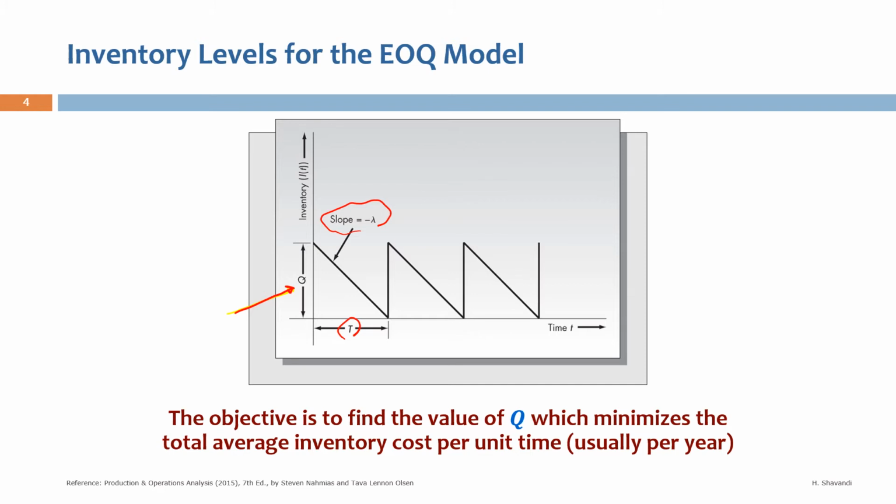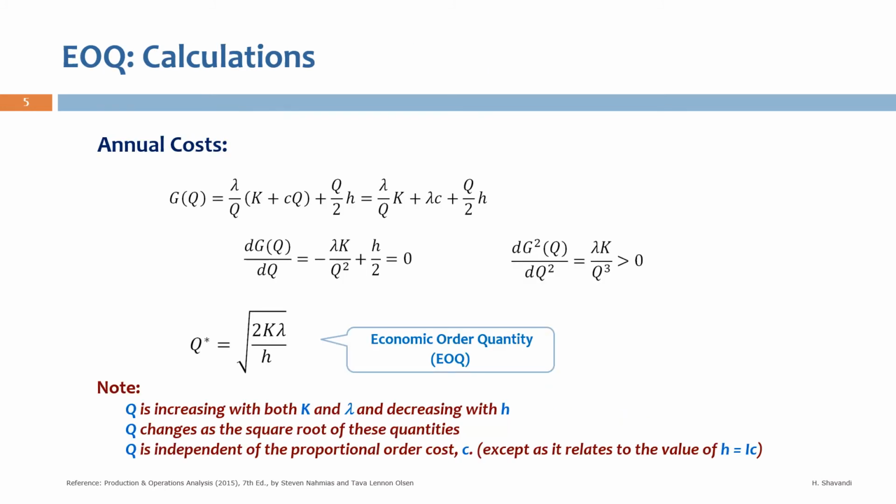To do so, at first we need to obtain the objective function, the function for the average cost per time unit, per year. This is our objective function, the function of average total cost per year.